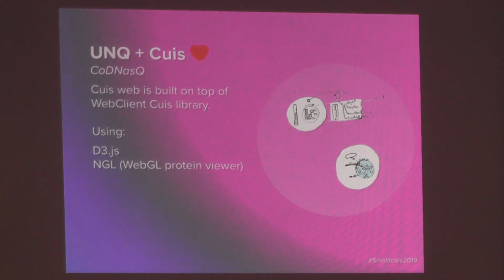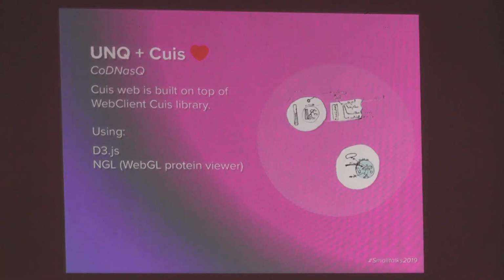So I grabbed the web client library for Cuis, which is a port, I think it's a library from Gemstone, if I remember correctly. It provides both client and server functionality, but I just use the server functionality. So web client maybe is a misleading name.